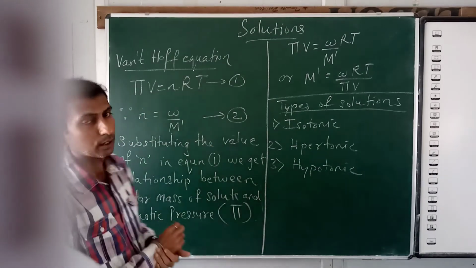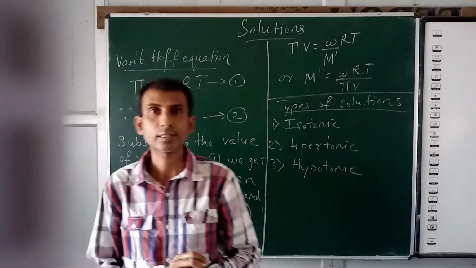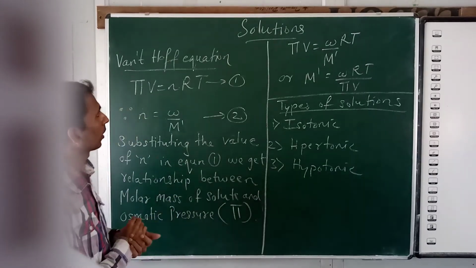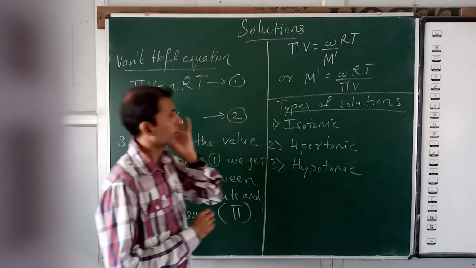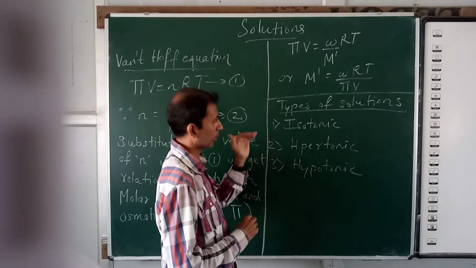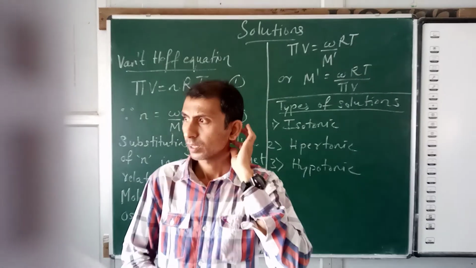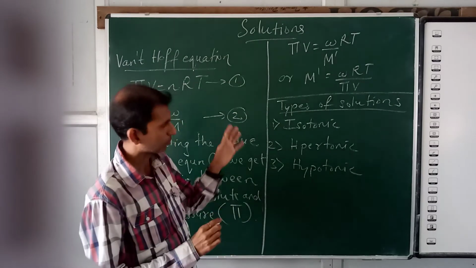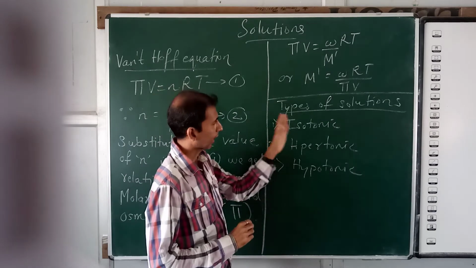So with this we complete the four main colligative properties, and a small part from this chapter is remaining. For that we have to understand these three terms again. In types of solution we have to study three types. The first type is isotonic solution.